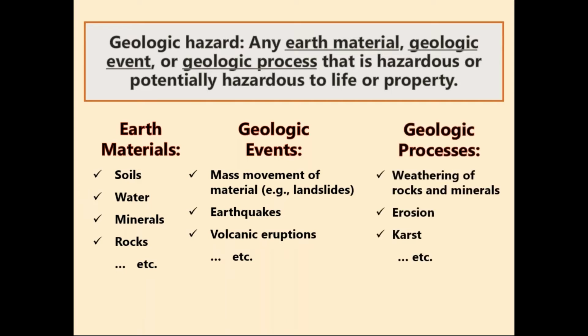And then geologic processes, which of course includes weathering of rocks and erosion and karst, etc. So pretty much anything you can imagine from a geologic perspective could potentially be hazardous to life or property.